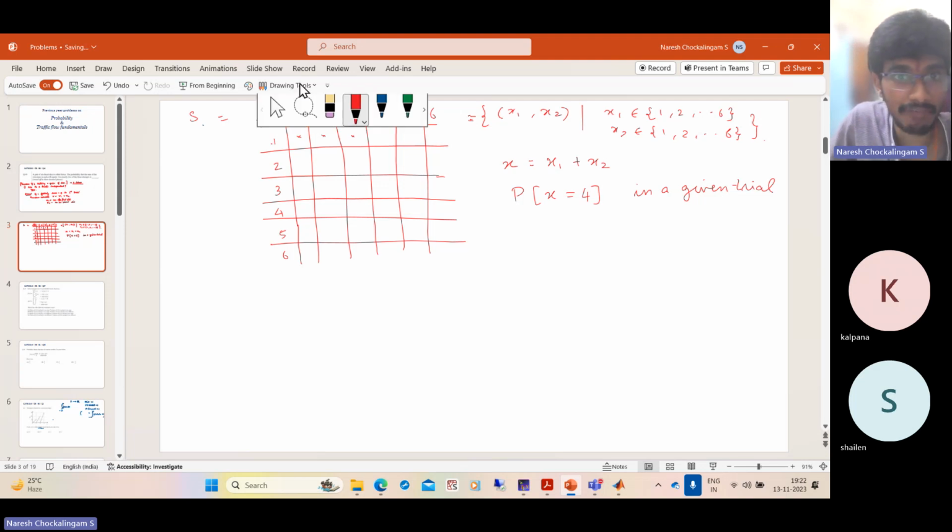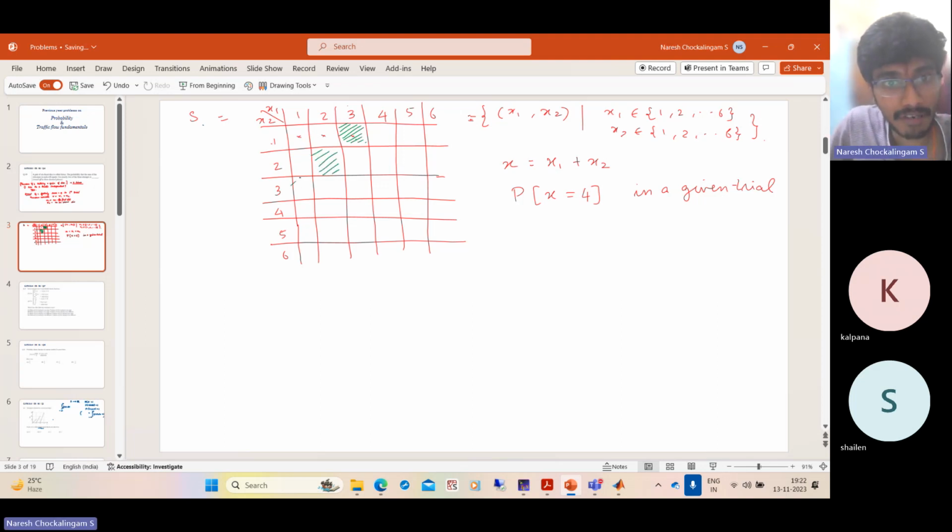Let me use a different color. So this box adds up to 4. 2 plus 2 adds up to 4. And 3 plus 1 adds up to 4. No other outcome is in the event E_i.